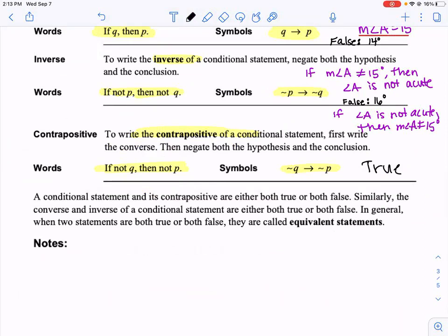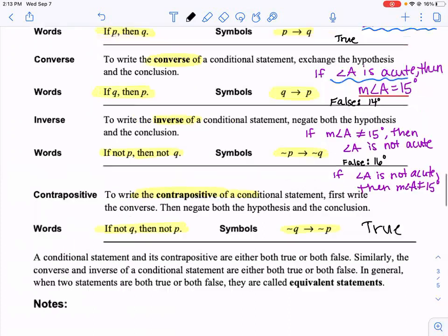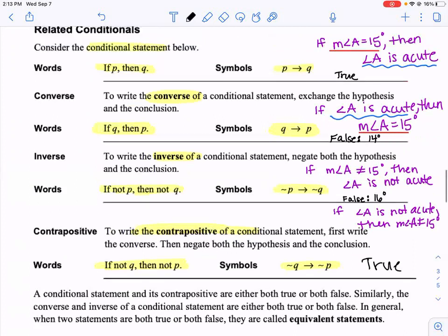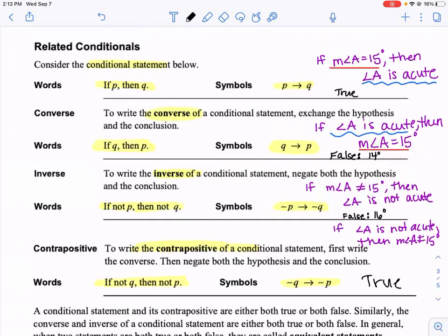Fun fact, a conditional statement and its contrapositive are both true or both false. Also, the converse and inverse are either both true or both false. Did that happen here? Sure did. Conditional and contrapositive, the first and the last one, were they both true?